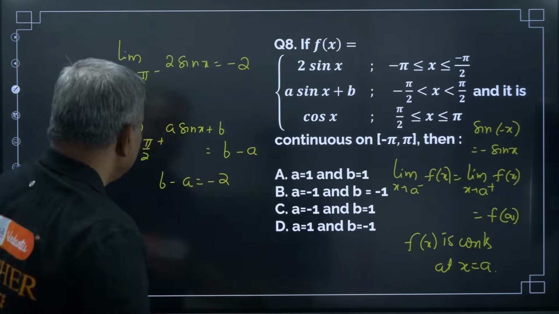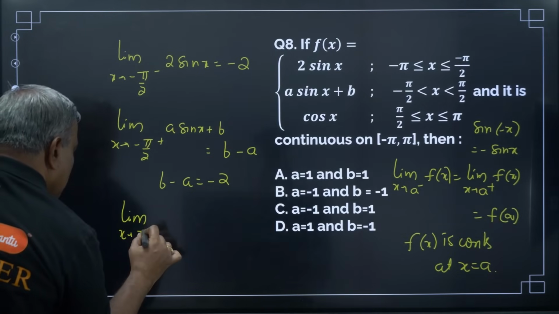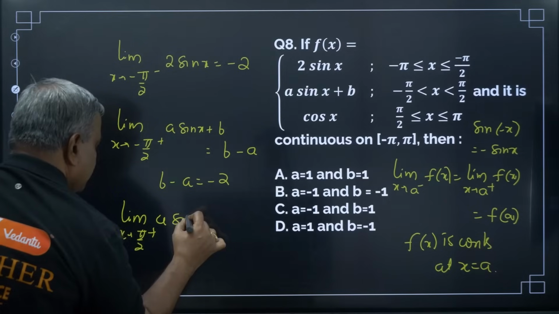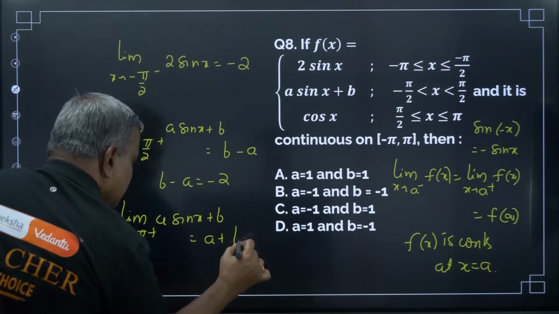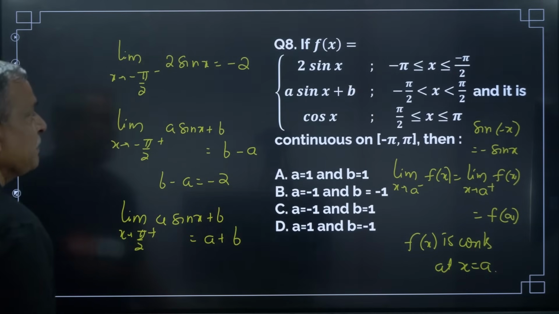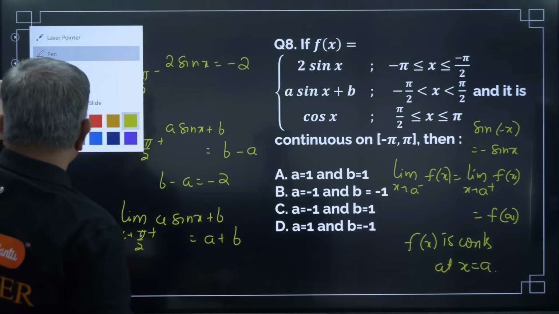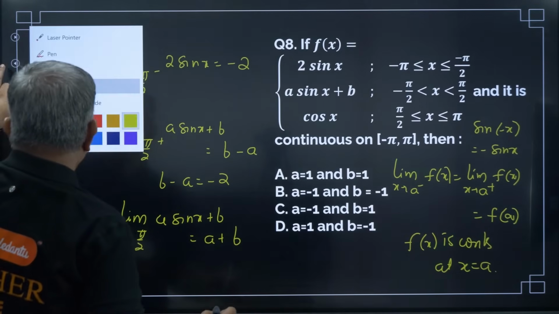Again, at pi by 2, limit x tending to pi by 2 minus of a sin x plus b will give you a plus b, sin pi by 2. Sorry, because you are taking this one, this is less than pi by 2.